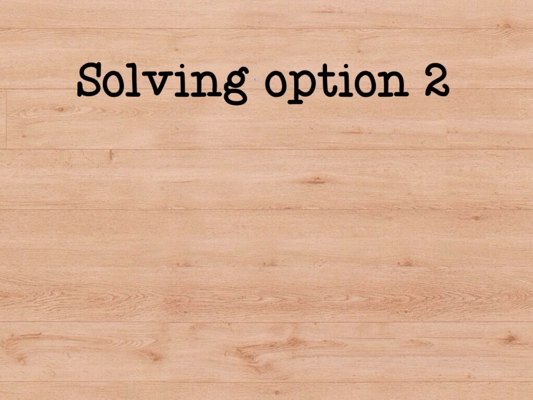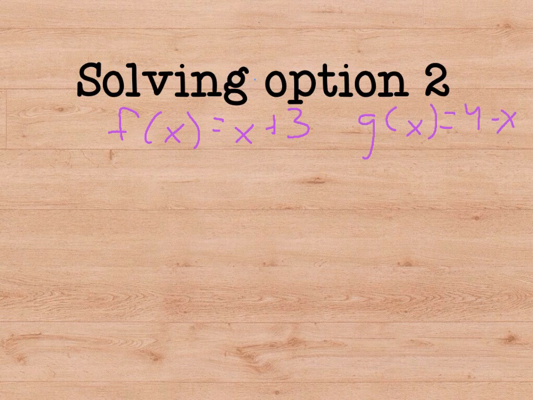For option 2, same idea, but this time I want to think about this. I said that f of x was equal to x plus 3 and g of x was equal to 4 minus x. In this one, I want to take f of 4 again plus g of 3.